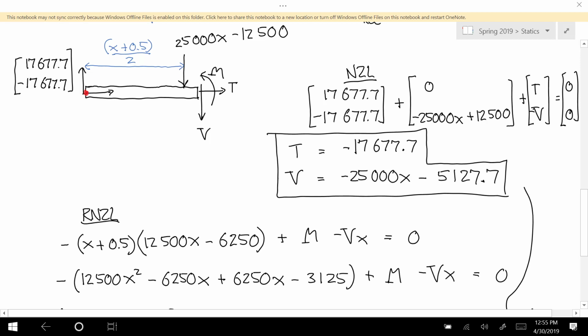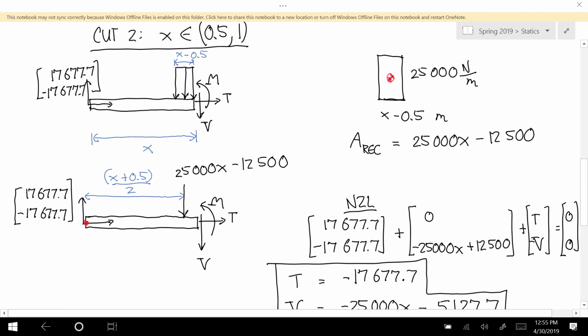So dv/dx is equal to negative 25,000. The negative of that should be equal to q, and q is 25,000 on this piece. It was a uniform distributed load of 25,000 Newtons per meter.